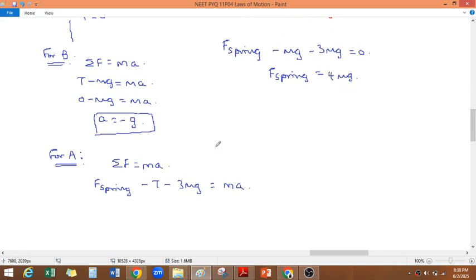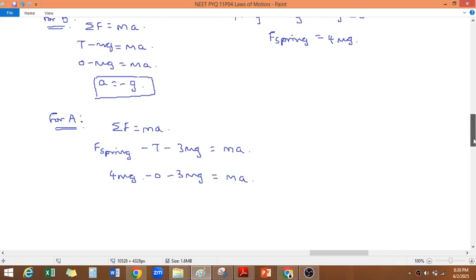F spring we found as 4mg before cutting the string, and when I cut the string, T will become 0 here. But I think I made a mistake here. Is it MA or 3MA? Anybody? What is the mass for A? 3M or M? Sir, 3M.